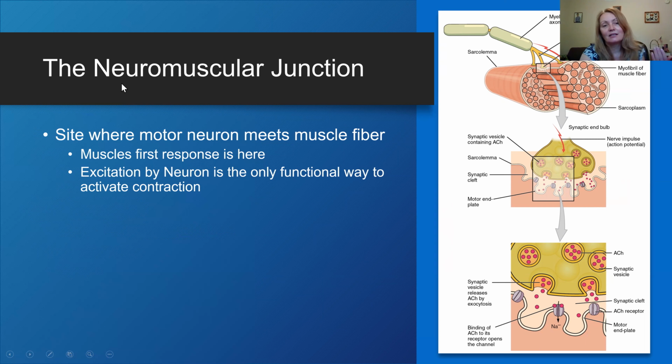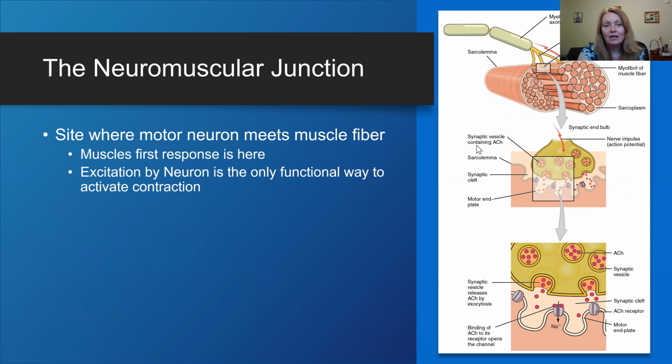So it makes sense. It's a space between your neuron and muscle cell. Junction means they come together, and there is a space. It's not direct physical contact between neuron and muscle. And it's a synapse, because we have synapses between two neurons and between neuron and muscle cell.